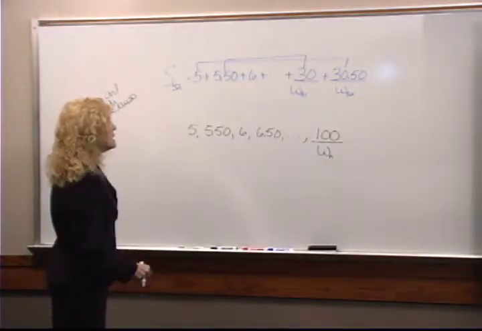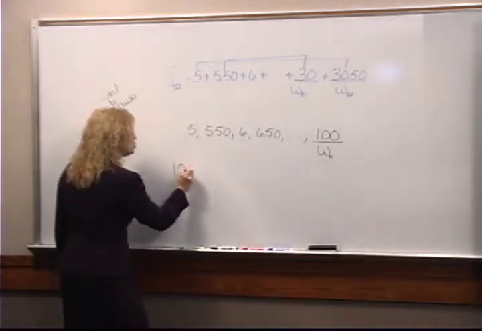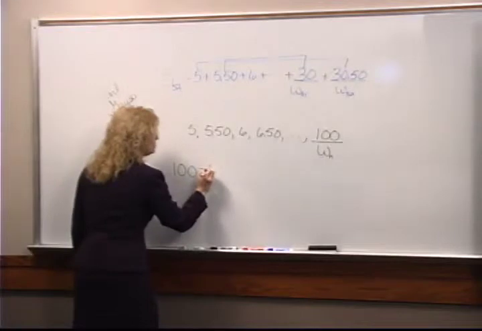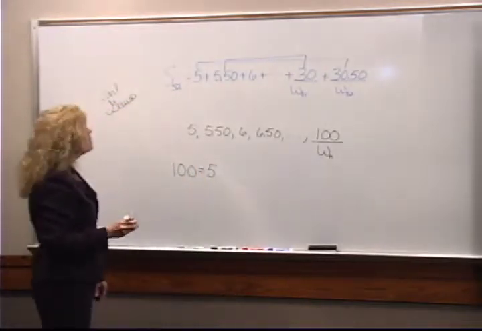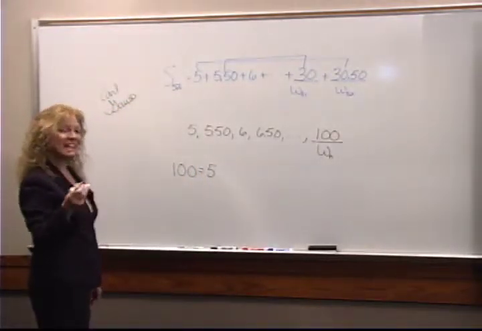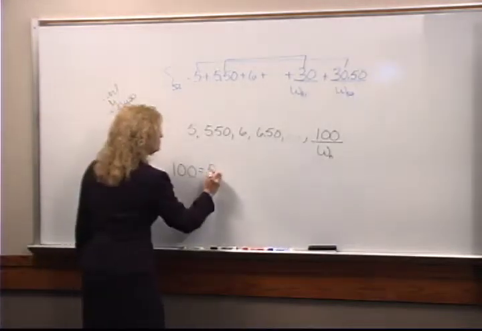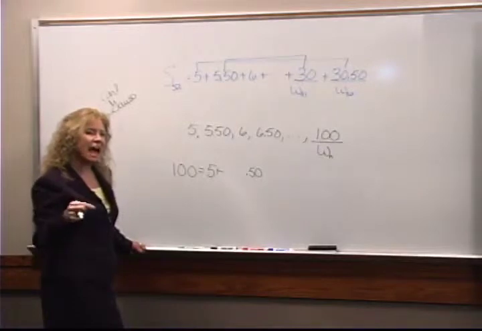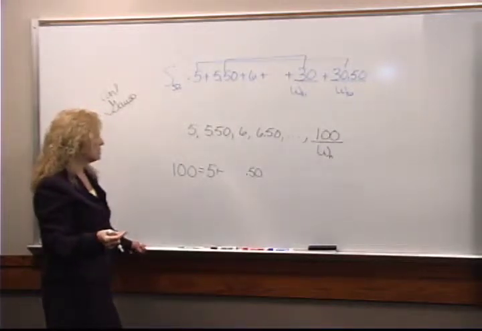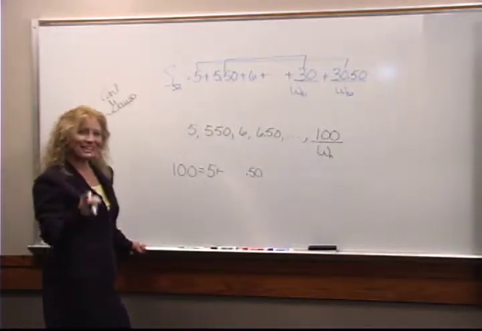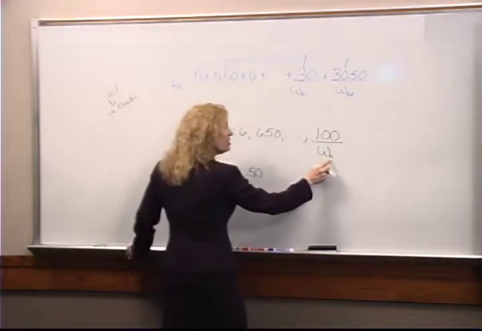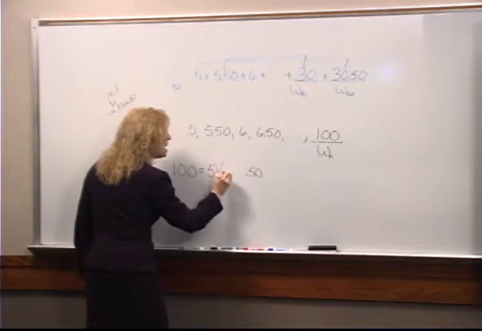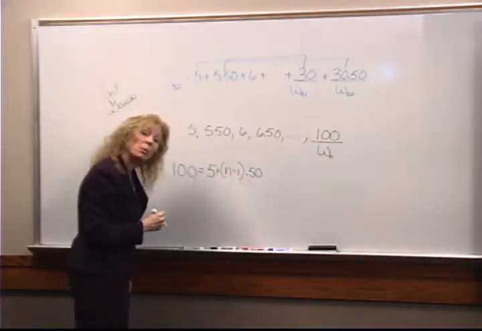Well, let's see here. To get to that 100, where did we start? We started with 5. And what did we do? Well, we kept adding 50 cents. Now, how many times did I add 50 cents? I don't know. But if I call this week N, I added 1 less than the week.